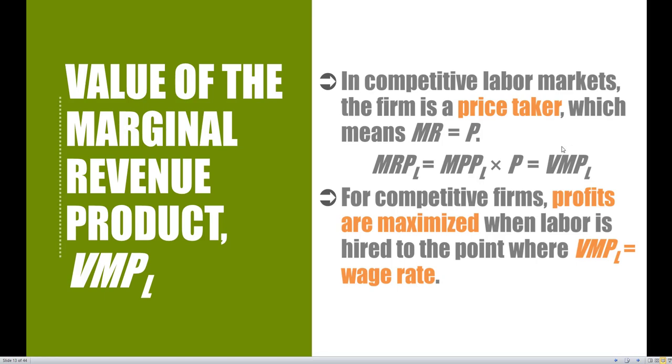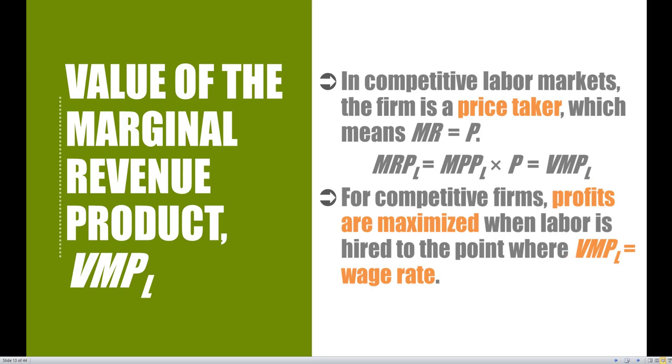So kind of confusing in this sort of realm, but do be aware that they mean the exact same thing for us. And with this idea, we can find that for competitive firms, profits are going to be maximized when labor is hired to the point where VMPL is exactly equal to the wage rate, or the MRPL is exactly equal to the wage rate. So that is the profit maximizing condition that we're going to have under the labor market.